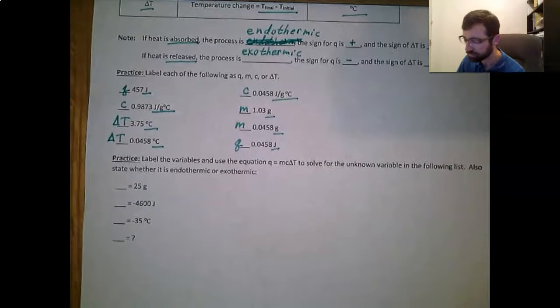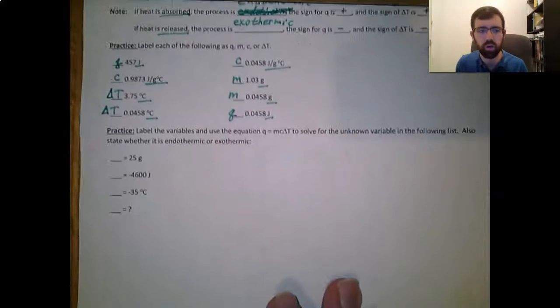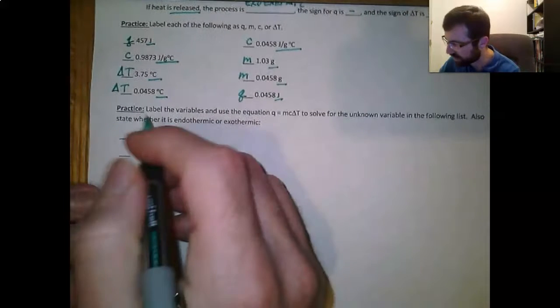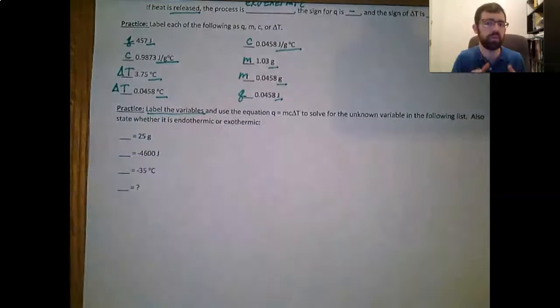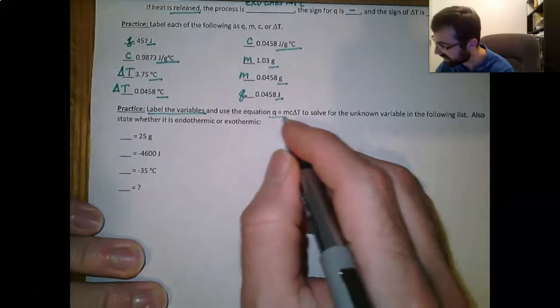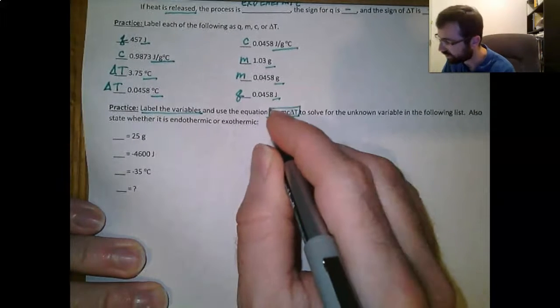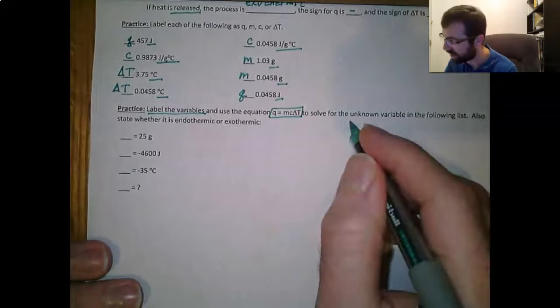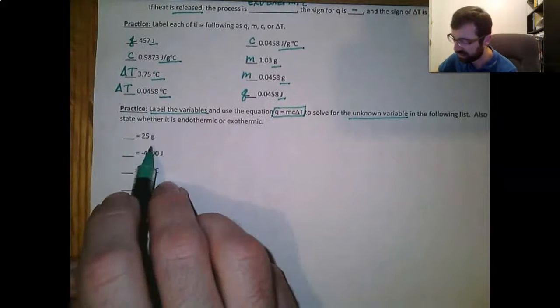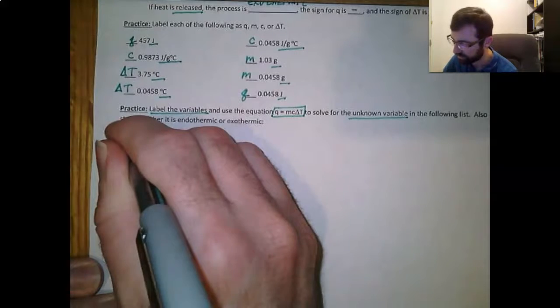Okay, I'm going to do just one of these, this practice problem at the bottom. We're going to label the variables. That's the first part. The most important part for you to get from this video is that part. And then we're also going to use the equation Q equals MC delta T to solve for the unknown variable, whatever the unknown is. So let's go through this. I've got grams, that would be mass.